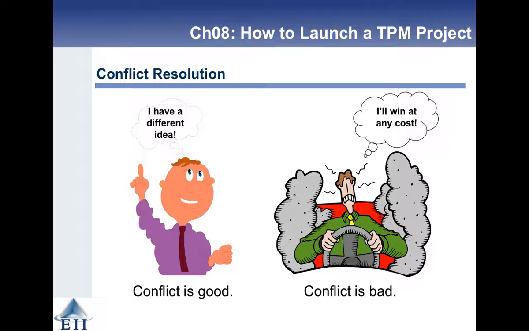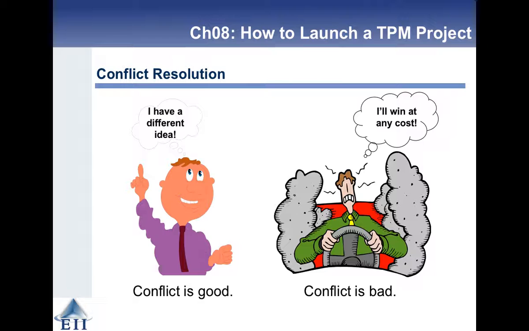And be careful with conflict resolution. Sometimes conflict is good, right? You want to have a different idea. Sometimes conflict is bad, when you've got one person with their own idea and they cannot take on board anybody else's idea.